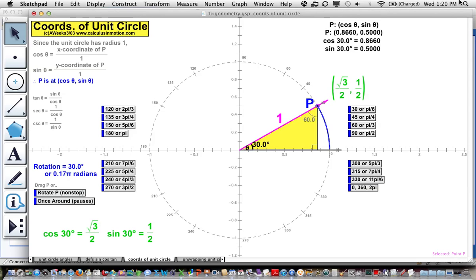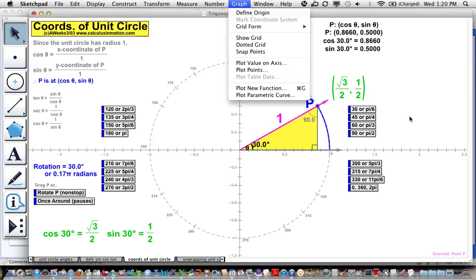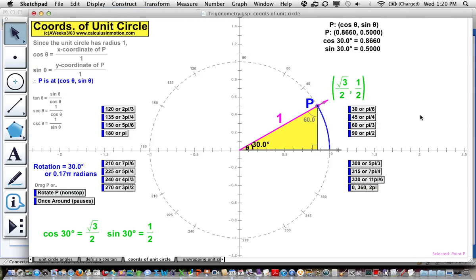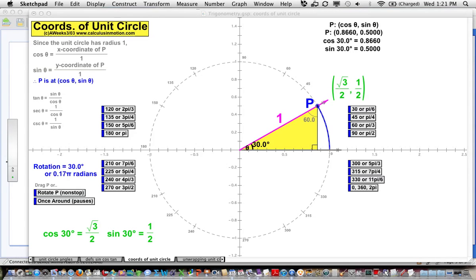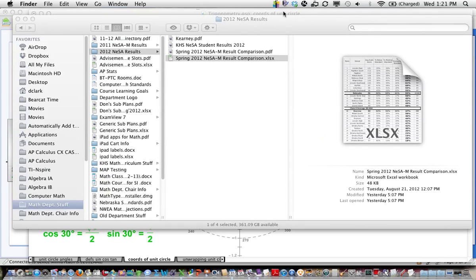Find, hopefully we're not too bogged down. Okay, bear with me a minute here. Hang on a second. Well, this was looking pretty slick a while ago.